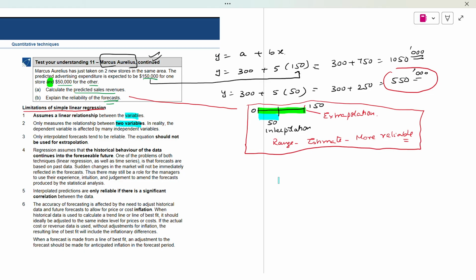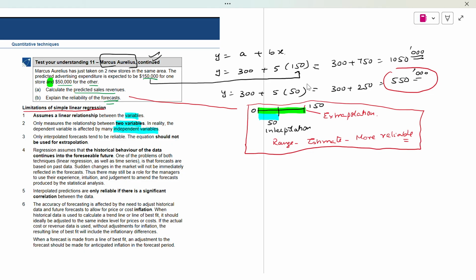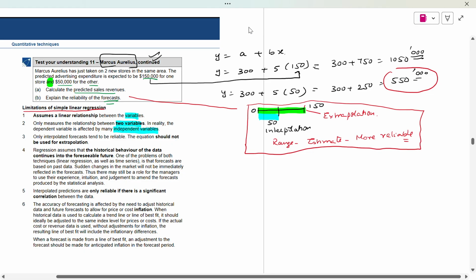One is the dependent variable, the other is independent. In reality, it is not like that. A dependent variable is affected by many variables, and we cannot say that only one variable matters.